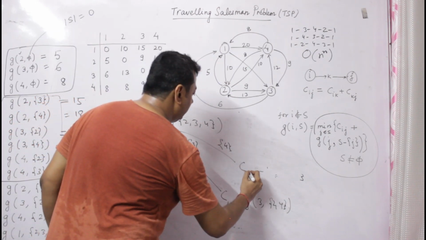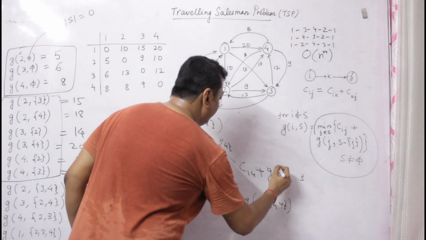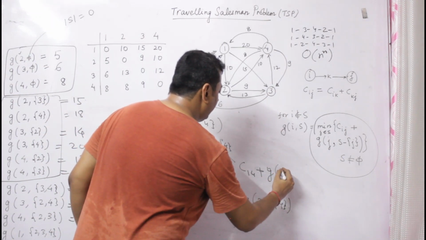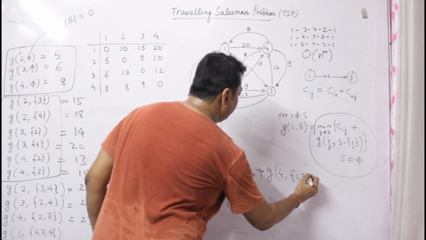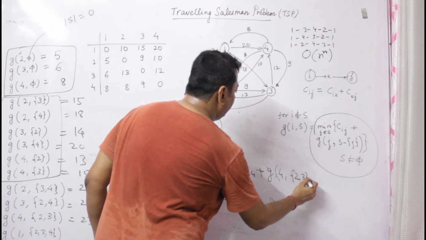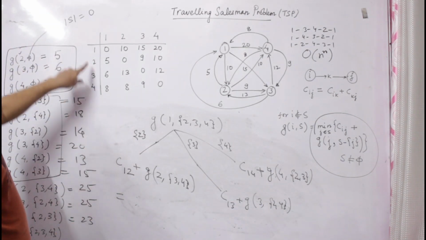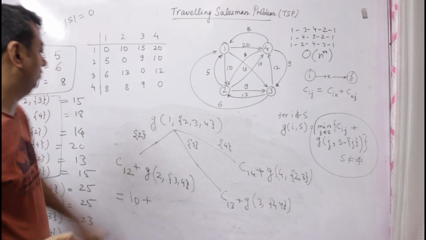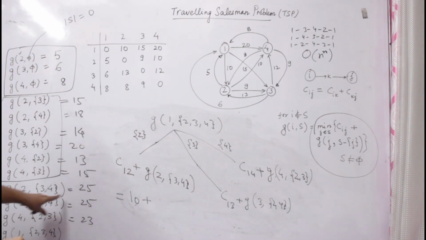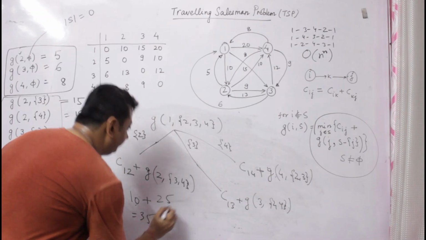And this one is C14 plus G of, you are at 4, the remaining nodes are 2 comma 3. What is C12? C12 is 10, plus G 2 comma {3, 4}. G 2 comma {3, 4} is 25, which is 35.